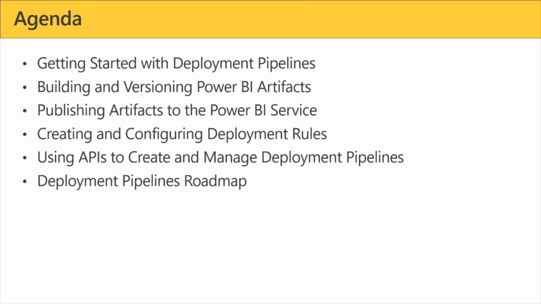Then, after we look at deployment pipelines at a somewhat high level, we're going to look at each individual artifact in Power BI. There's one for regular reports, a couple different ones you can use for datasets, and one for paginated reports. So we're making sure we have an understanding of what our source files are going to look like. We're going to talk about how we publish artifacts to the Power BI service. Great. We're going to talk about configuring deployment rules, a really powerful part.